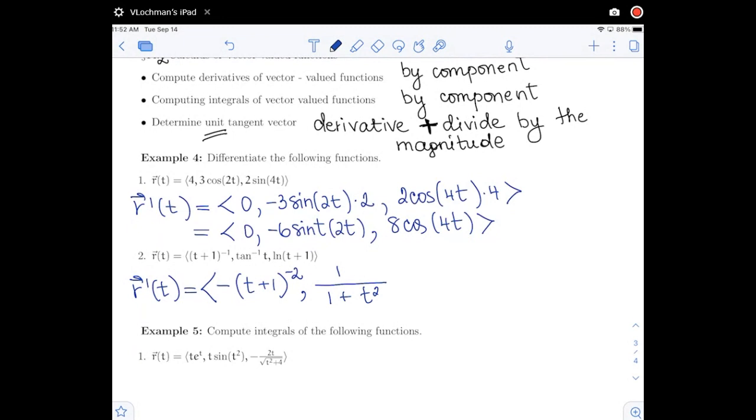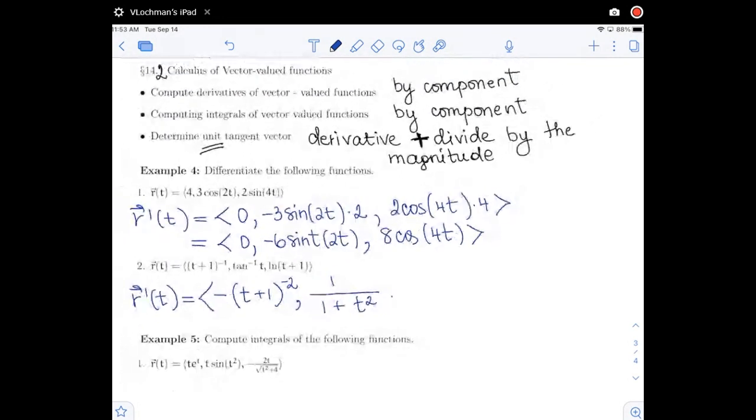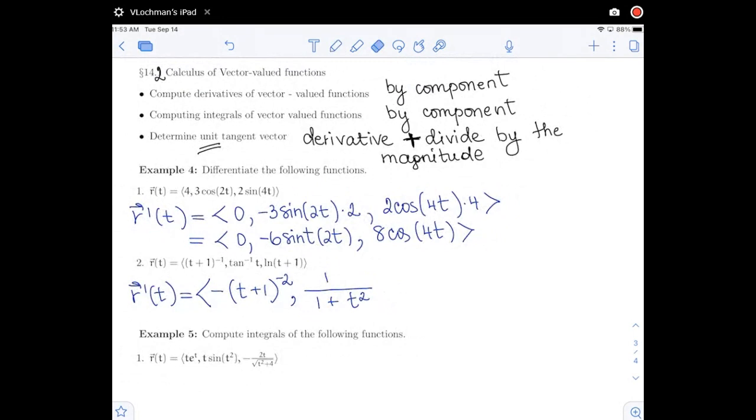Whatever that argument is, that's my stuff. The derivative of t in this case is 1, so that's it. That's your very original formula for tangent inverse. And then what about the last one, natural log of t plus 1? What is the derivative here? 1 over t plus 1.